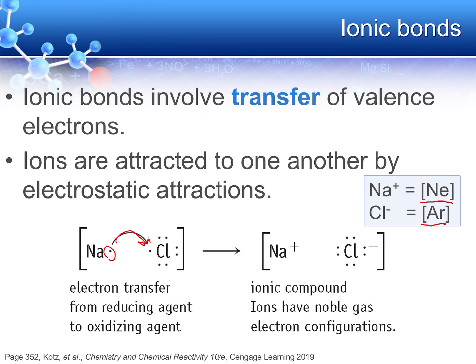So we have these very stable ions, both of them have noble gas electron configurations. Now we have a sodium plus and a chloride minus, and they are attracted to each other by these electrostatic attractions. So here we have an electron transfer, we have an ionic compound, and remember we learned at the beginning of the semester that the metals will lose electrons and the non-metals will gain, and we see that in this example.